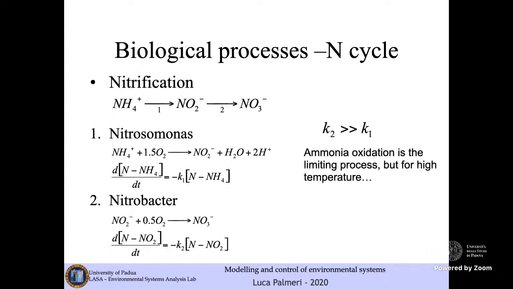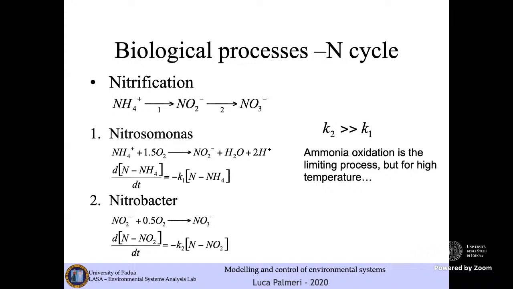Please note that the equilibrium constants of the two reactions, reaction 1 of Nitrosomonas and reaction 2 of Nitrobacter, are very different. In particular, the second, K2, is much, much larger than K1. This means that the Nitrobacter work very fast in converting nitrite into nitrate. You may have heard me saying this already a couple of times.